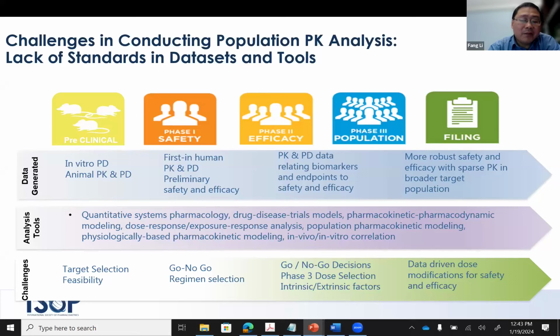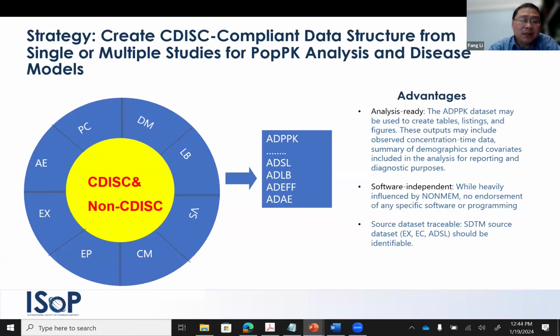As you may understand as a pharmacometrician, population PK development is an evolving process, and the model will be frequently refined when more clinical data becomes available. Without standards in datasets and tools, it is very hard to update the datasets, or it will be very time consuming.